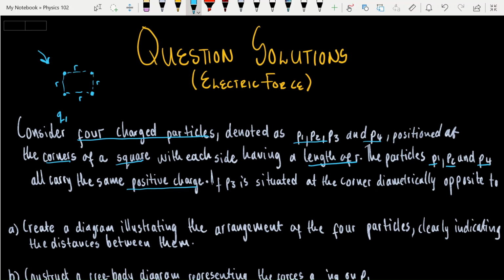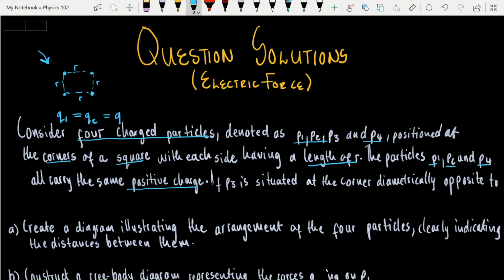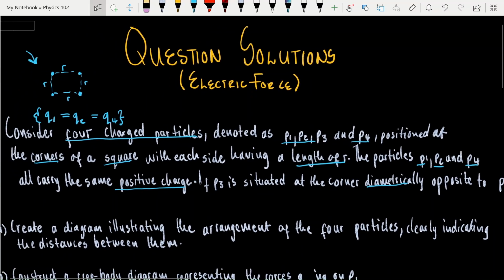Now, Q1, they said it has the same charge as charge on particle 2, which is Q2, and it has the same charge as charge on particle 4, which is Q4. So we are already knowing some more details, that Q1 is equal to Q2, which is equal to Q4.